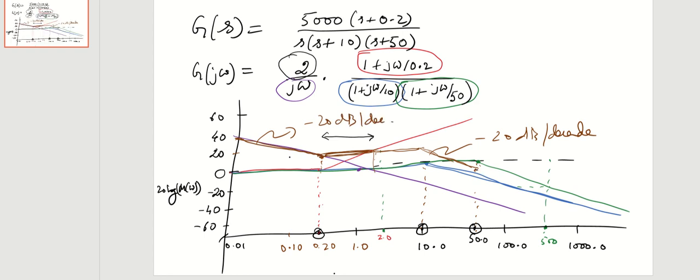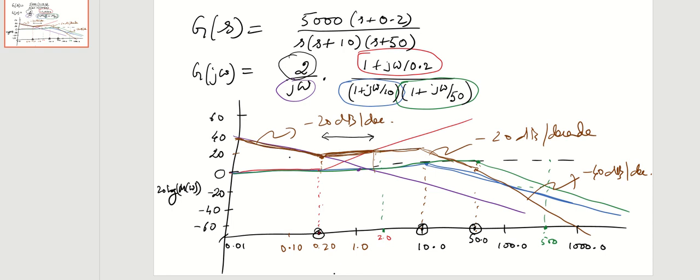And here onwards, it starts descending at twice the rate. I don't know, please don't hold me to this, but that will go at 1000. I didn't do any calculations. So this is minus 40 dB per decade. So then the overall plot becomes this brown line, this chocolate brown line.